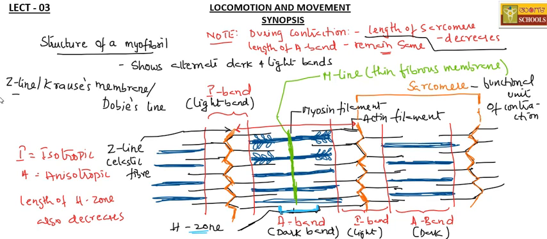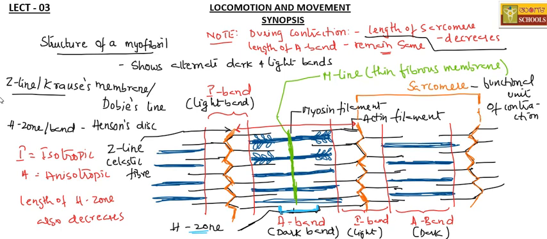So this is a Z line or Krause's membrane or Dobbe's line. Then the H zone or band, you can also call this Hansen's disk. So this is about the structure of the myofibril.